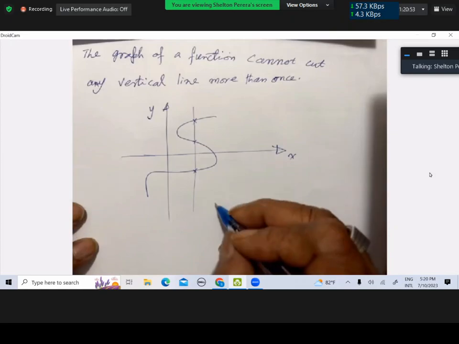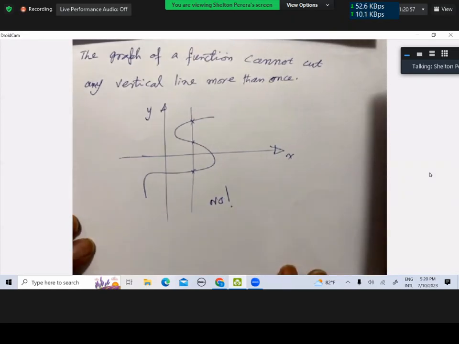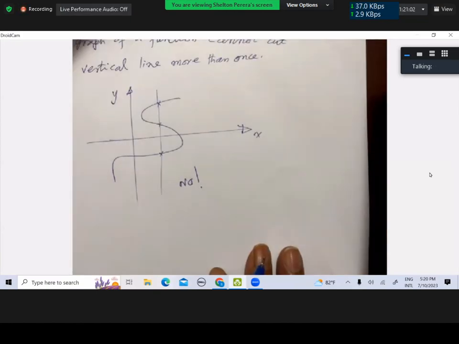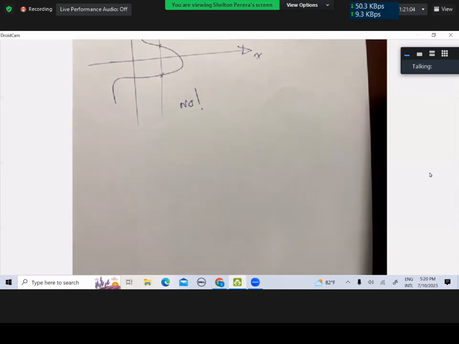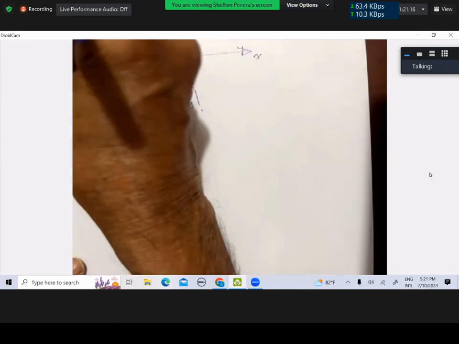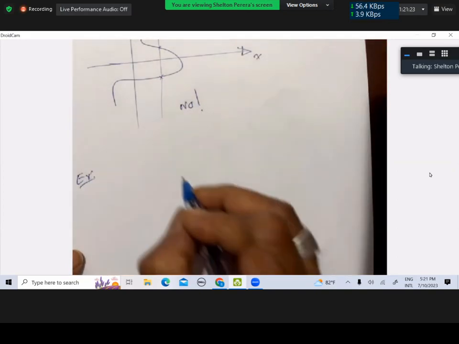So this is not a graph of a function. How about this?